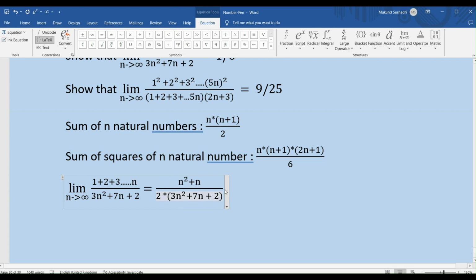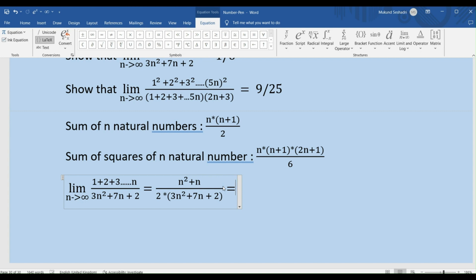Folks, now I have an expression of the type p by q of n, where n tends to infinity. So it is a rational function. And how do we approach these problems?